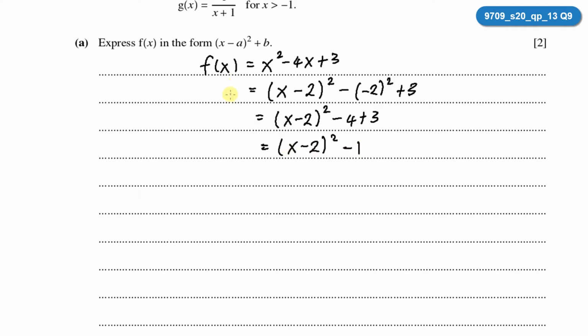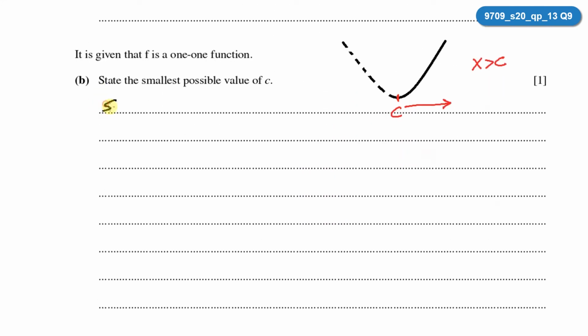So we obtain the function f of x in completed square form as x minus 2 squared minus 1. So we're saying, since f of x is x minus 2 squared minus 1, then the minimum point, we can deduce it from here, that will be minus of this number, so that's 2, and we take this number here to be the y coordinate.